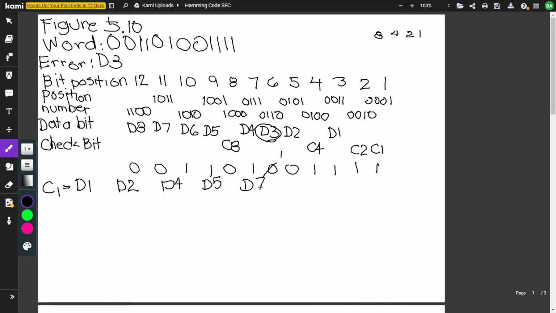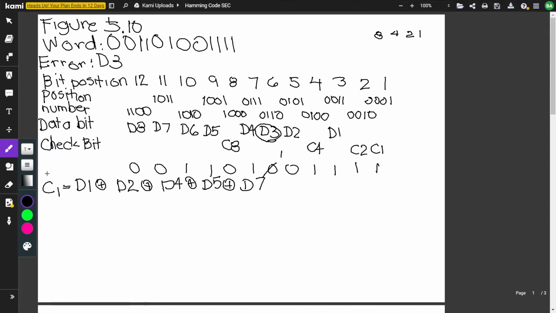We're going to get the value by means of XOR, so the operation here is XOR. I'm going to explain the XOR later: what is the operation of XOR in binary? So we already have the check bit for C1.